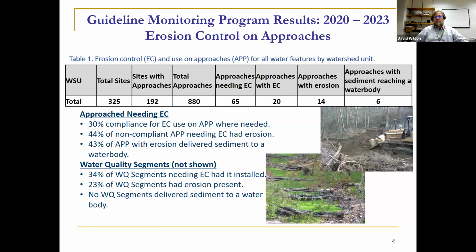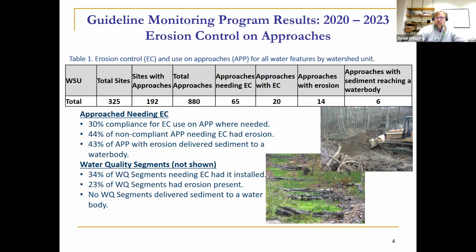So those are streams, lakes, wetlands. So between 2020 and 2023, there were 325 sites assessed. 192 of those had approaches involved for a total of 880 approaches to water bodies.